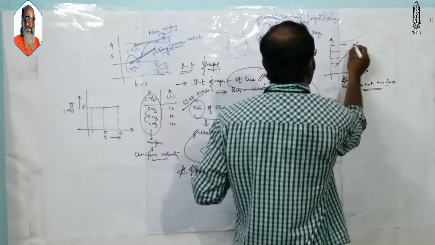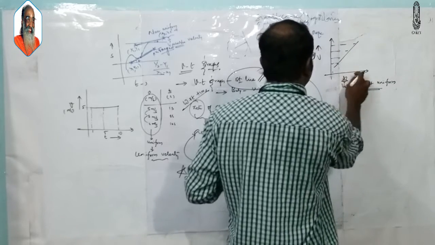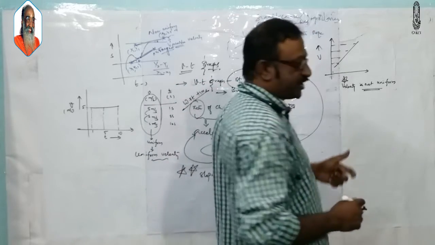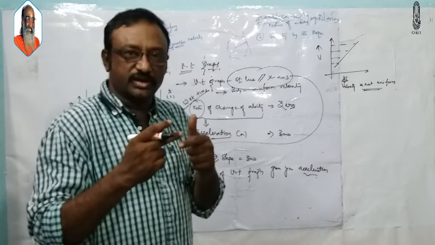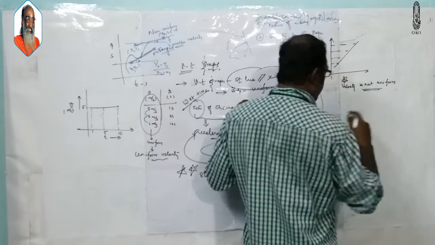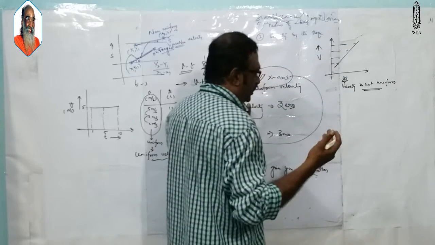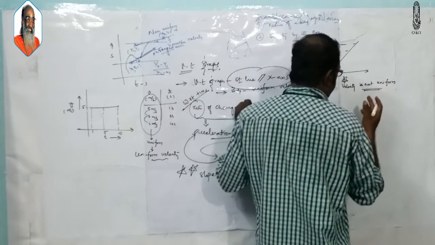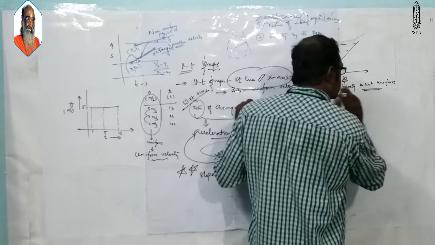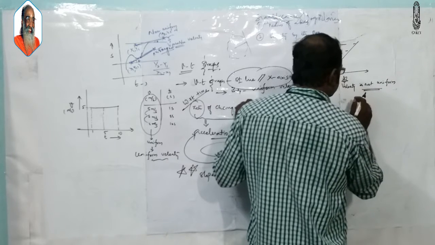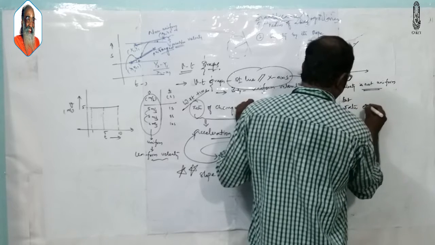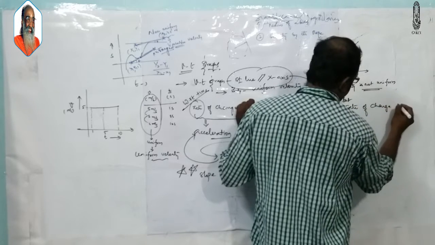If it is a straight line, the velocity is changing at a uniform rate. That means as the time is changing, the velocity is changing with uniformity, at equal changes. The rate of change of velocity gives you acceleration. That means velocity is not uniform, but the rate of change of velocity is uniform.